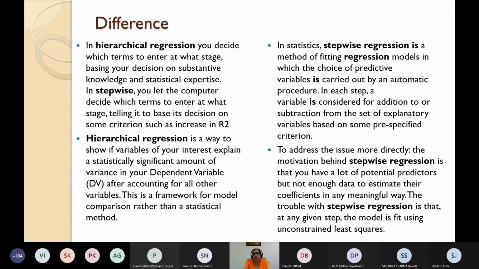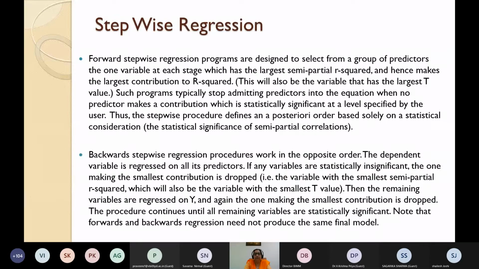And to address the issue more directly, the motivation behind stepwise regression is that you have a lot of potential predictors, but not enough data to estimate their coefficients in a meaningful way. This is the major trouble with stepwise regression.